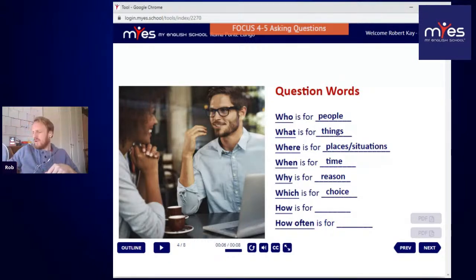Or which do you like better? Mountain holiday or beach holiday? There's often a choice with which. What about how? Just how. So not how often, but just how.